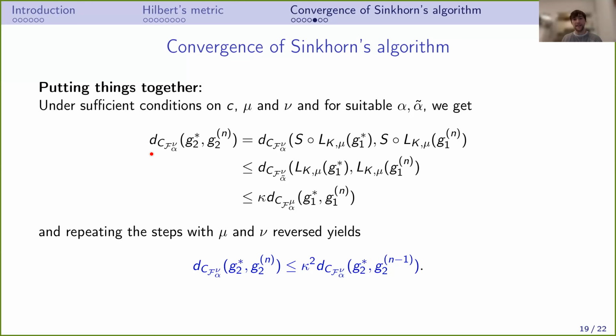So we start with some Hilbert metric between G2 star and G2n. We plug in the definition with these operators. And then at first we deal with this inversion operator S. So we get this inequality as derived on the previous slide.